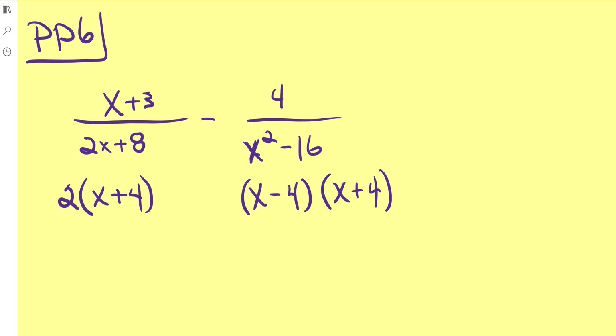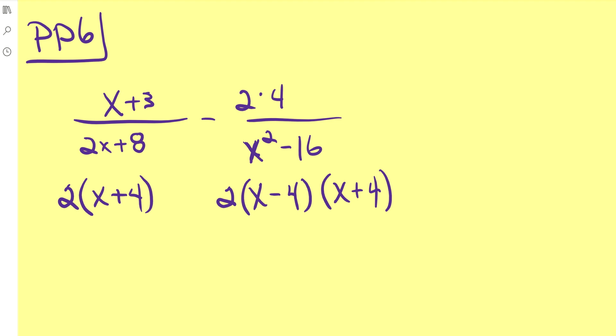All right, so now I'm going to work to get my denominators to be the same. So I can see I have x plus 4 in both of the denominators, but I don't have a 2 in both of them. So let's take care of that. I need a 2 on this side, so I'm going to multiply top and bottom by 2. I'll just do it like this right now, 2 times 4, and then 2 times x minus 4 times x plus 4.